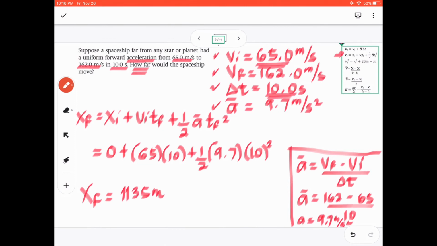Although 9.7 has 2 significant figures, we're not going to follow that because that's not a given. We solved for it, so we need to change our answer to 3 significant figures. It will become 1.14 times 10 raised to the power of 3 meters. So this is your final answer.